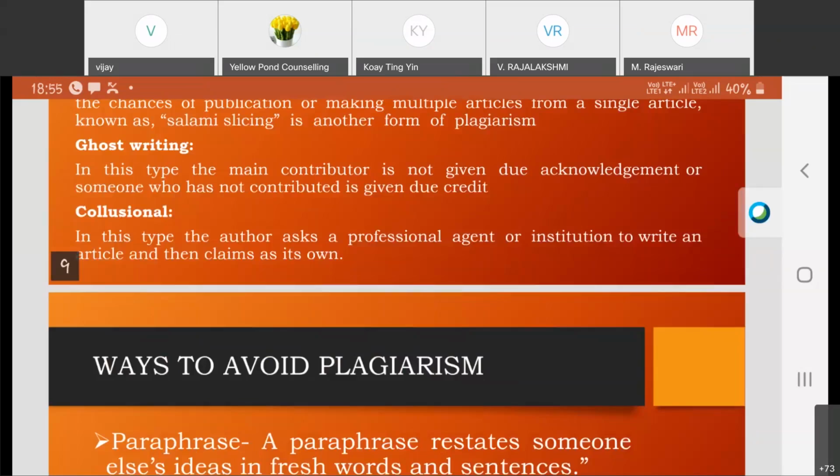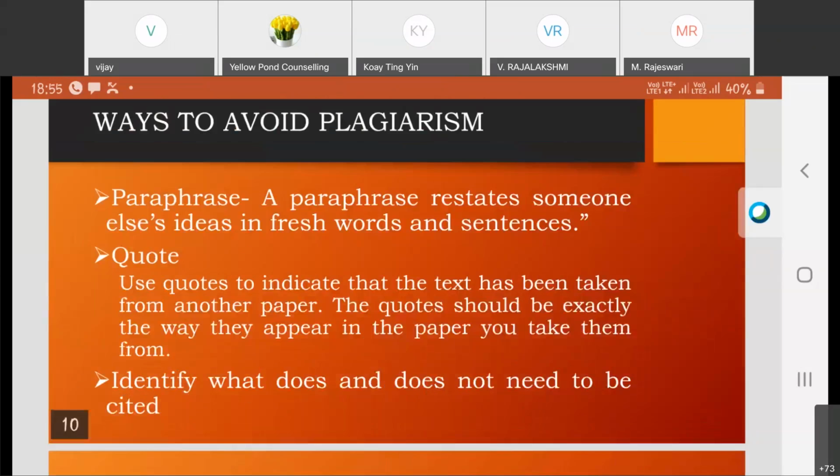So the next thing: what are the ways to avoid plagiarism? There are a lot of ways to avoid or reduce plagiarism in our research papers. The first thing is to paraphrase. First, we need to read the entire article or book material, whatever we require.